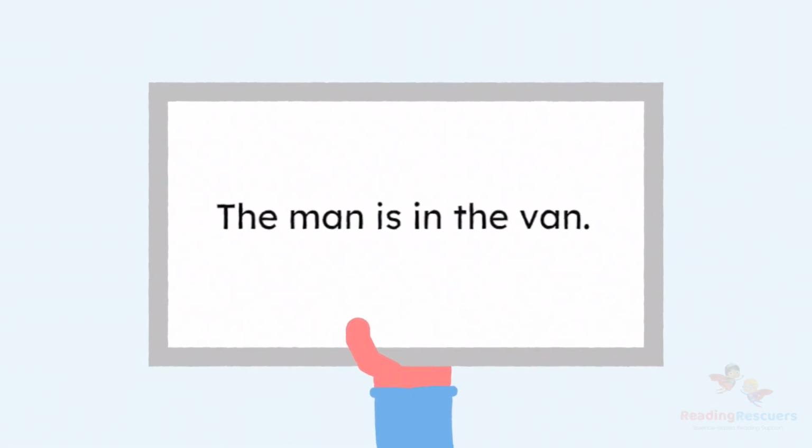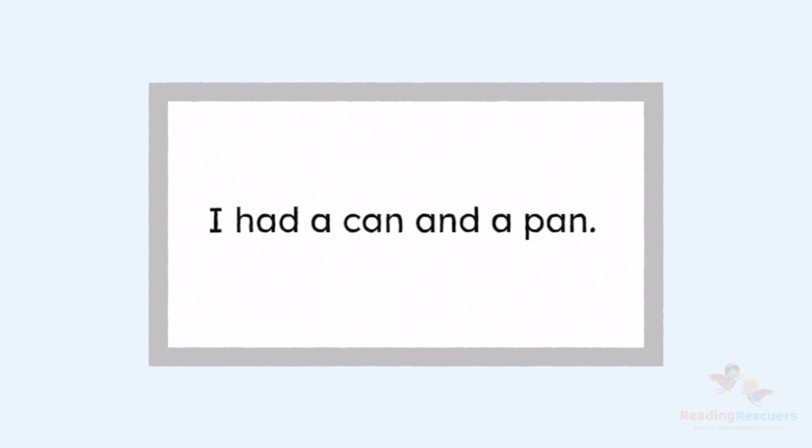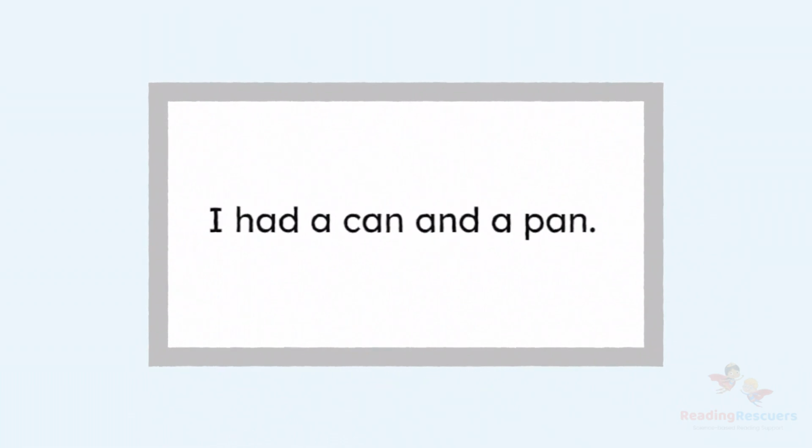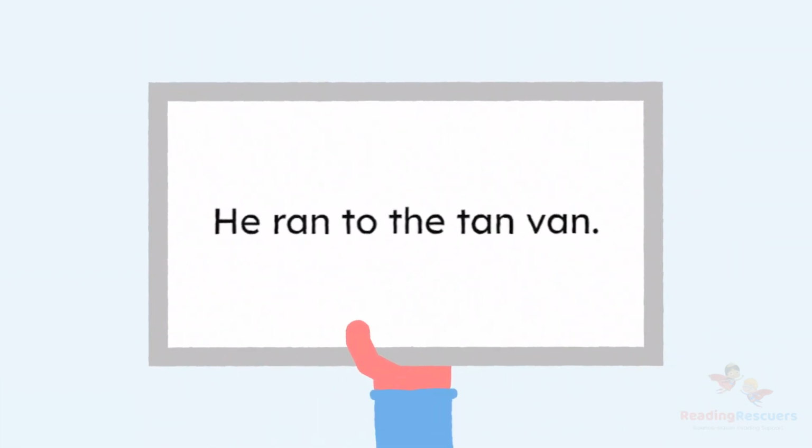The man is in the van. I had a can and a pan. He ran to the tan van.